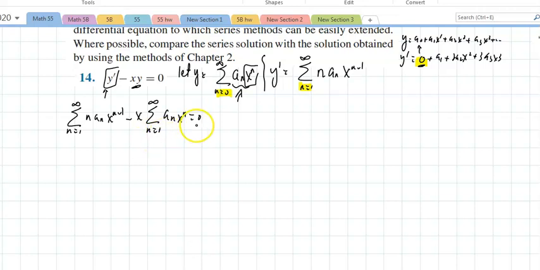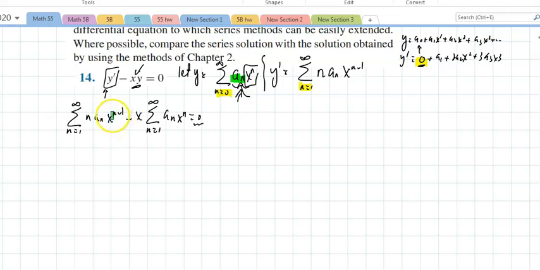The goal right now is to figure out how to get it to equal 0, and do remember, a series equals 0 if the coefficient equals 0. X equals 0 is meaningless. That's always a solution. If I put x equals 0 there, I'll always get a solution. So I need to figure out for what values of a sub n this would be 0. I need to combine those. So first off, I need those to match.